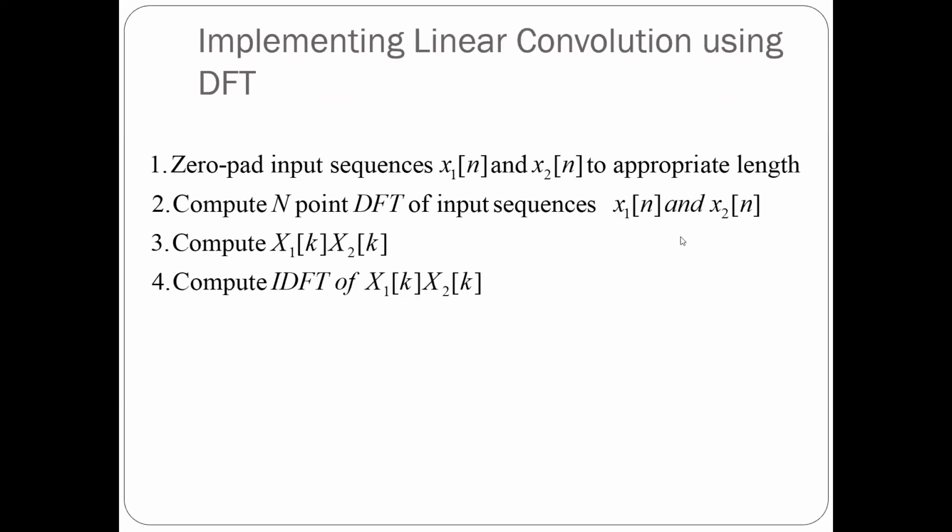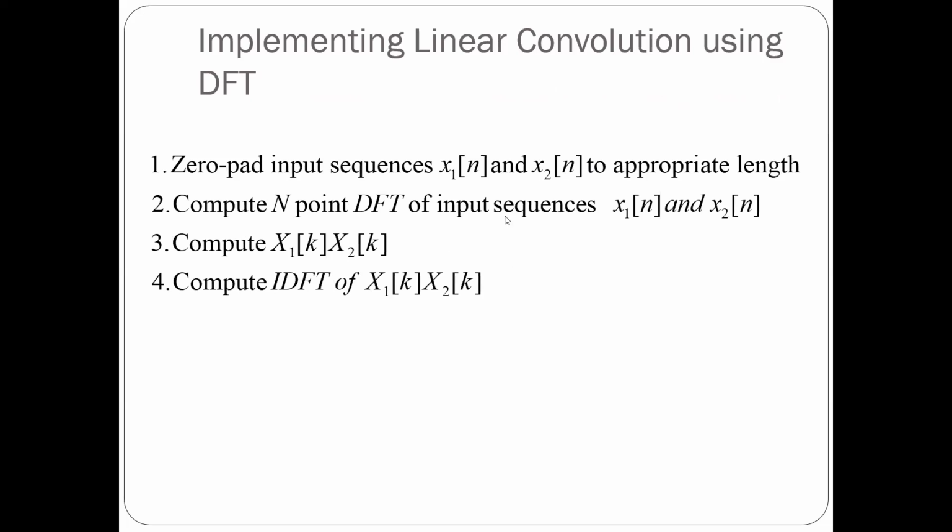Okay, so now we will see how you can implement linear convolution using DFT, which we had discussed in the previous class. So zero pad the input sequences x1[n] and x2[n]. If you are doing the convolution of x1[n] and x2[n], zero pad the input sequences to appropriate length.